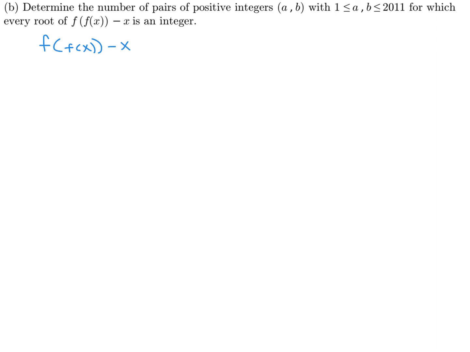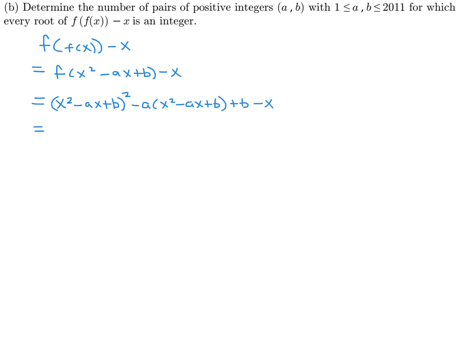So I've got to figure this out. So this is f at x squared minus ax plus b minus x. And therefore, this is x squared minus ax plus b all squared, minus a times x squared minus ax plus b, and then plus b minus x.